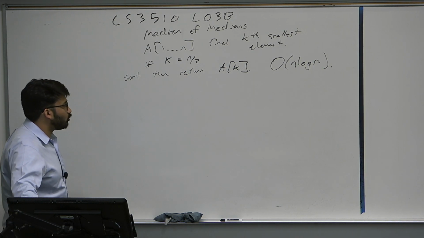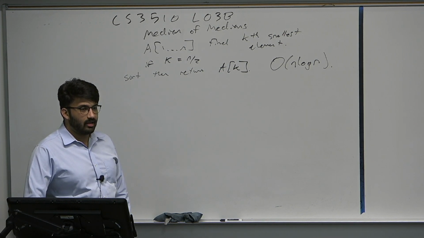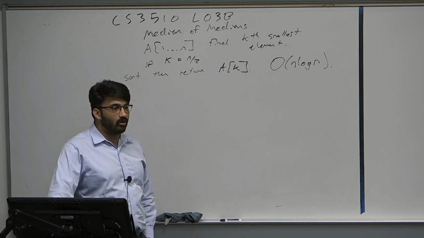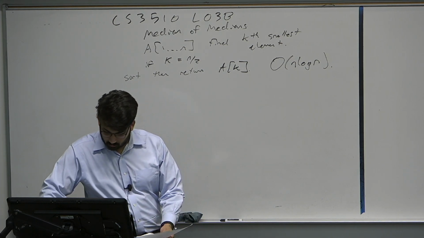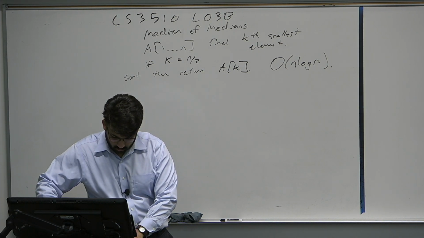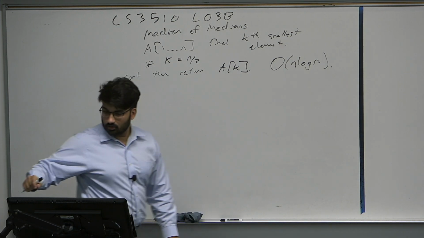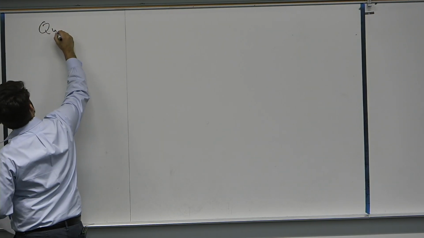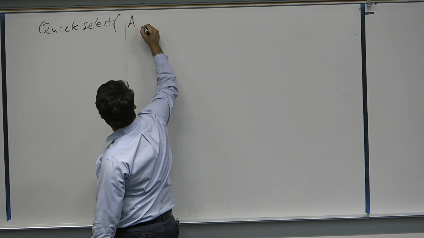Now, the way Quickselect works is it's just quicksort, but instead of sorting the whole array, it only does the pivoting, not to sort the array, but to look for the correct pivot point. So here's the way Quickselect works. It's basically similar to quicksort.